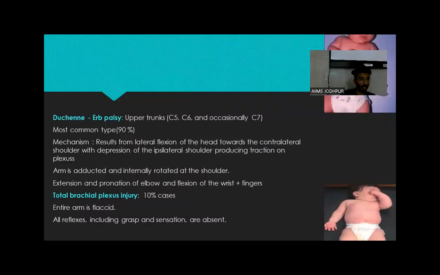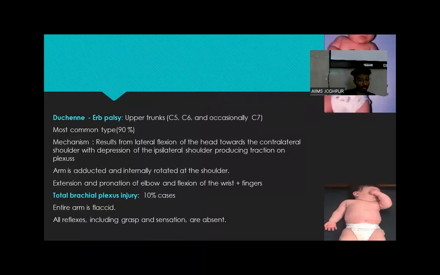In Erb's palsy, the arm is adducted and internally rotated at the shoulder, with extension and pronation of the elbow and flexion of the wrist and fingers, which is classically called the waiter's tip hand.